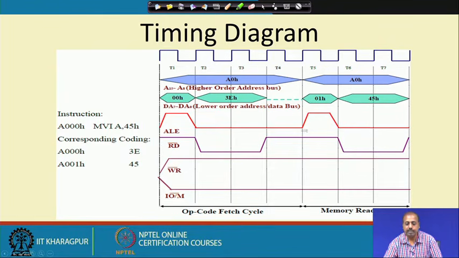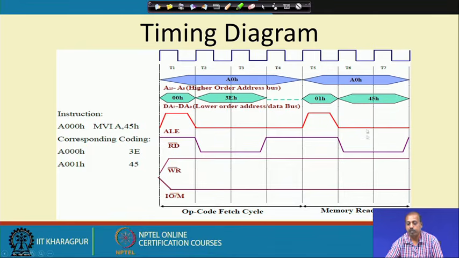The memory read cycle is similar to the fetch, but 1 T state less than the fetch. It puts the higher order address onto the higher order address bus, the lower order address onto the lower order address bus, and gives the ALE signal. This address part gets latched to the address bus of the memory, and then it gives the read signal.